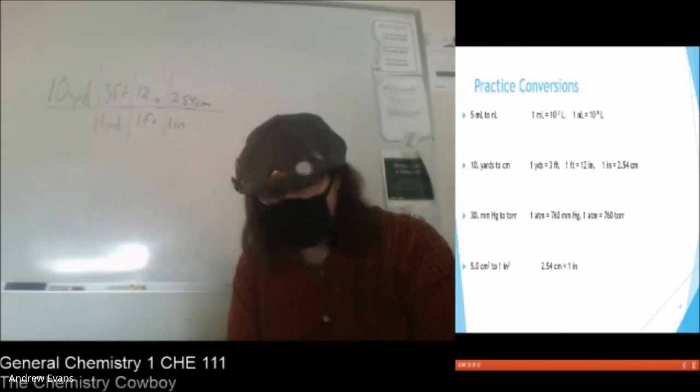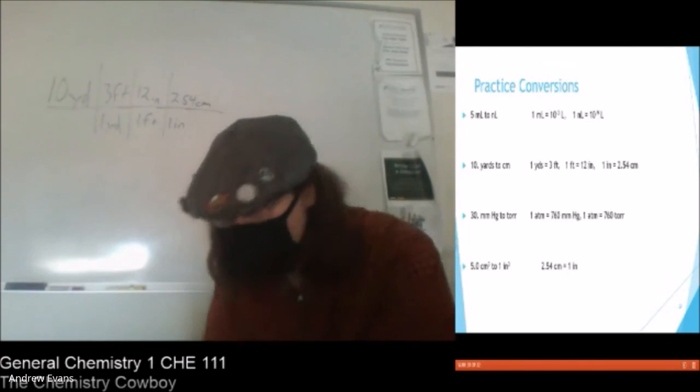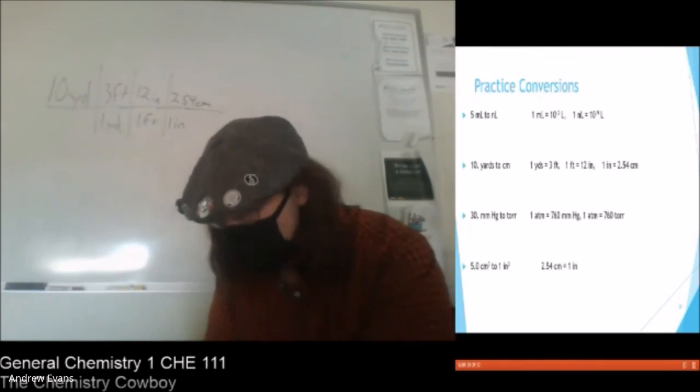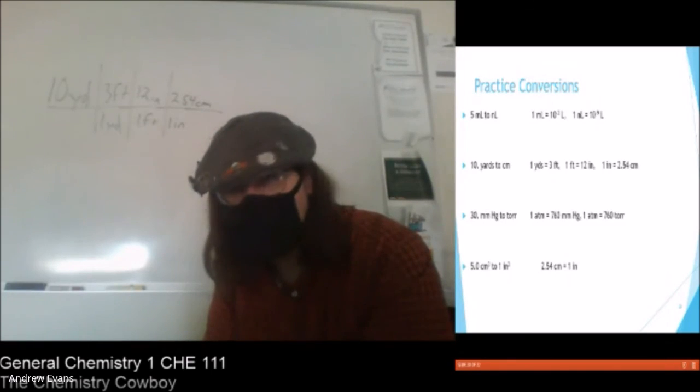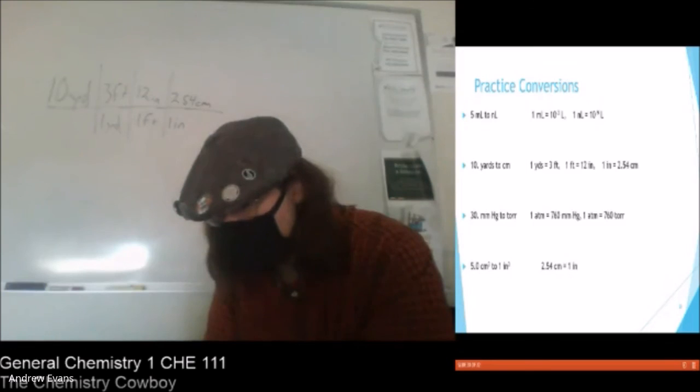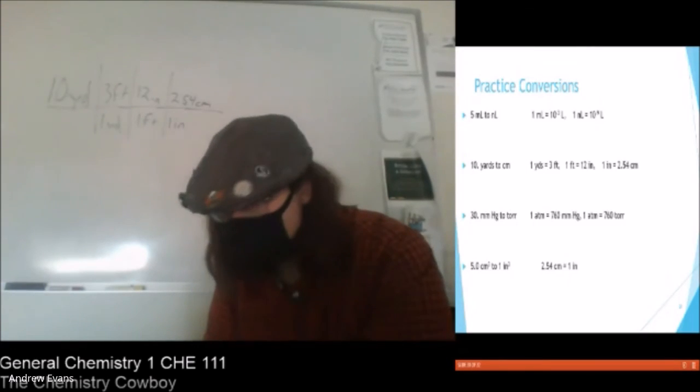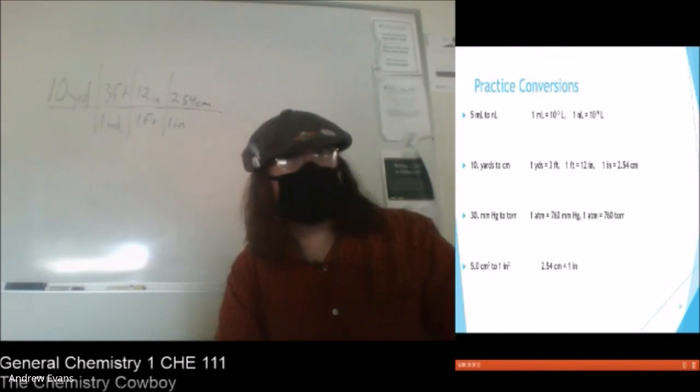Unless we're physically calculating how much the metal is expanding, that temperature is not going to play any part in your answer. You'll have 25 degrees, but you won't have anywhere to put it because that temperature is not going to change your answer. So 10 times 3 times 12 times 2.54 is 914.4.